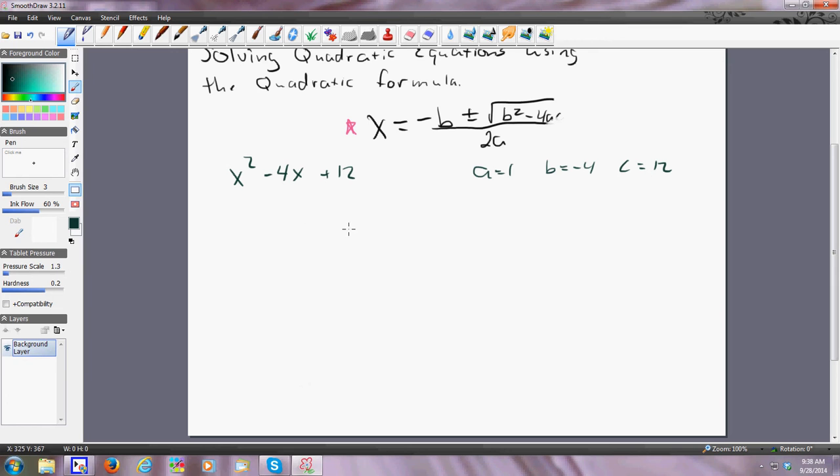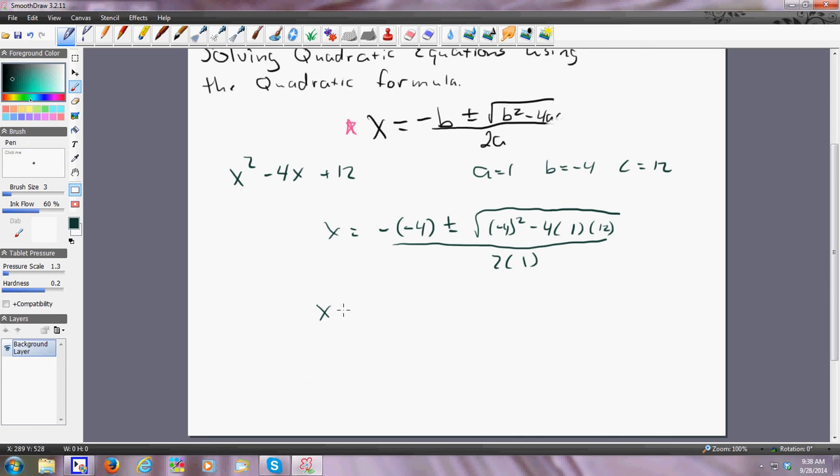So I got x equals negative b plus or minus the square root of b squared minus 4ac all over 2a. I plug these on in. Negative 4, a is 1, c is 12, and a is 1. So I got x equals negative and negative gives me a positive, plus or minus negative 4 squared is 16, minus 4 times 1 times 12 is 48, all over 2.